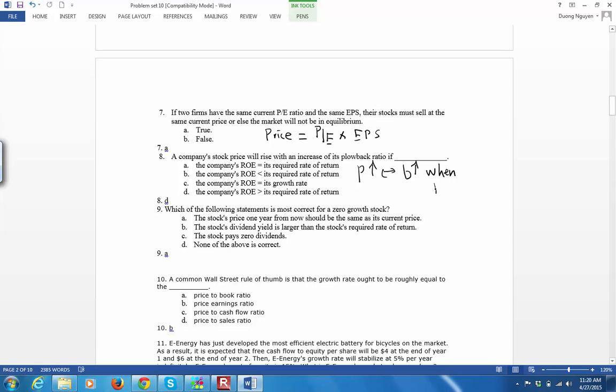This happens only when return on equity is higher than required return. When return on equity is smaller than required return, the company should not reinvest anything, and in fact should pay 100% of earnings as dividends. But as long as ROE is higher than required return, the company should reinvest or increase the plowback ratio, and at that time the price will be higher.